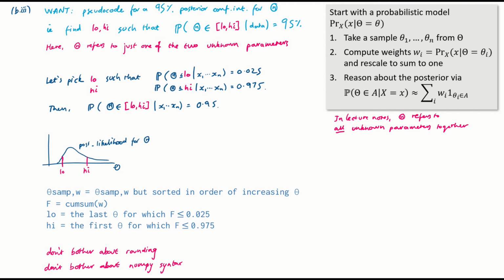There are ways to be meticulous about it, but if you have a decent sized set of samples, it's not going to be an issue, unless you're working with discrete random variables, in which case this confidence interval strategy is not quite the right thing anyway. The other thing: I gave my answer in pseudocode. I had lots of English in there, it's not really NumPy. Don't bother about getting NumPy syntax exactly right. This is an exam, it's not a coding test.